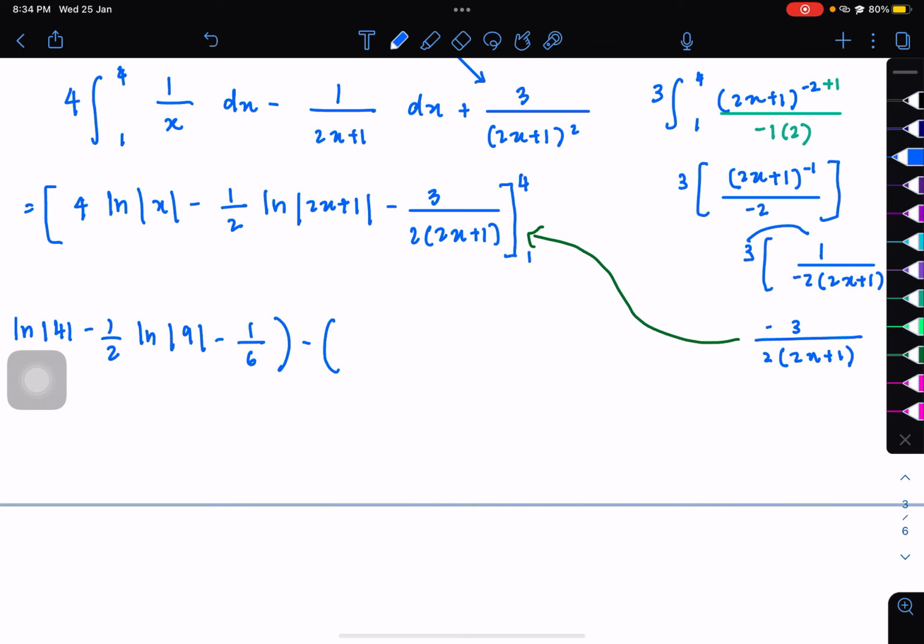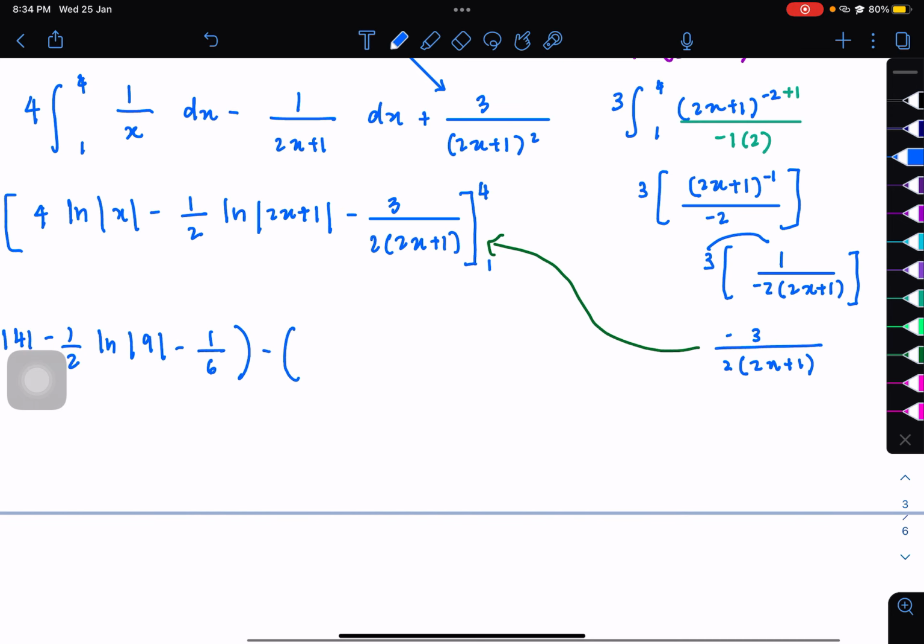Minus. Okay. Kita masukkan value of 1. Dia akan jadi 0. Sebab 4 ln 1. ln 1 0 kan? Tak perlulah kan? Minus 1 over 2. 1 over 2 ln 3.